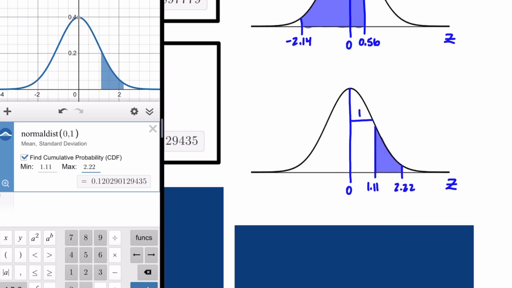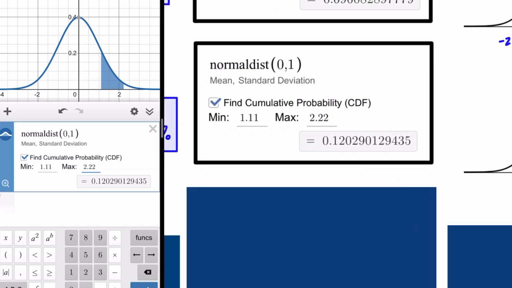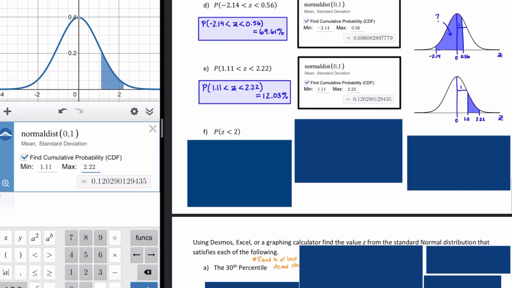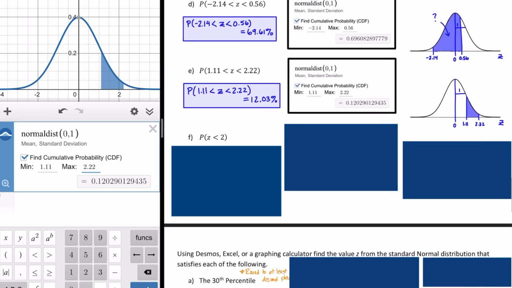So in my calculator, I go from 1.11 to a maximum of 2.22, and when we do, we get about 12.03%. So my final answer is that the probability that I get a z between those two values is 12.03%.